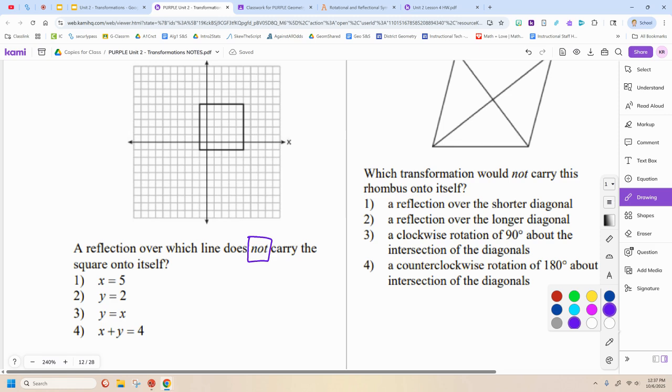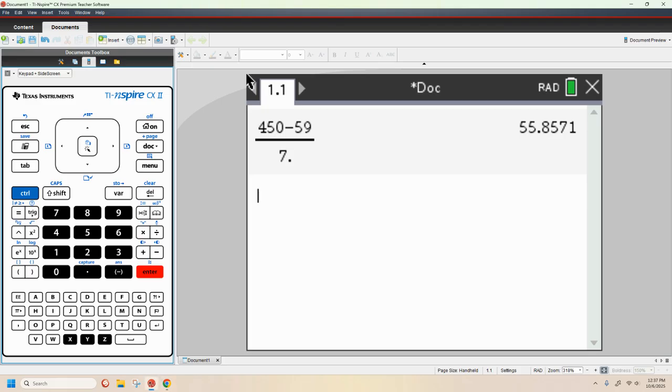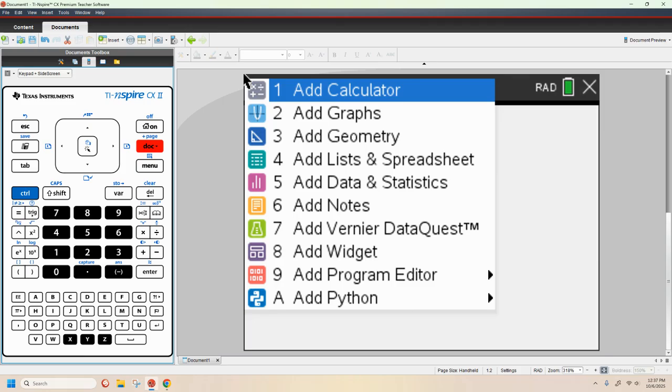Or does anybody know where some of these lines fall? Does anybody know where the line x equals 5 is? Is that vertical or horizontal? If we don't know, this is why I really want you to turn on your calculators. I'm going to add a page. I'm going to add a graph.